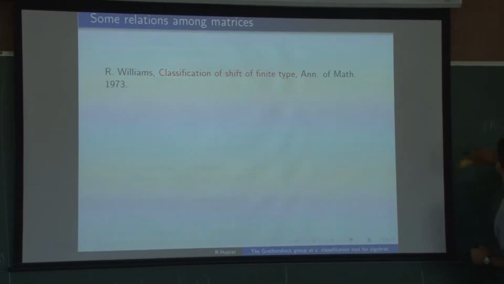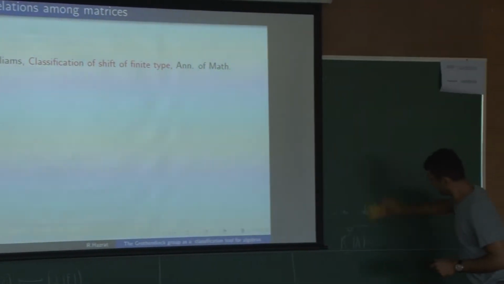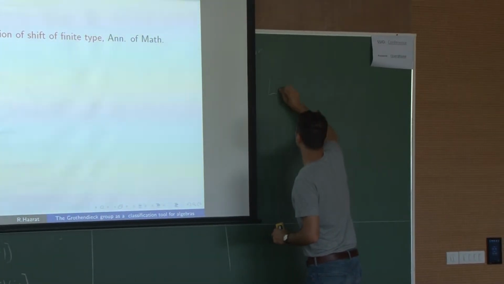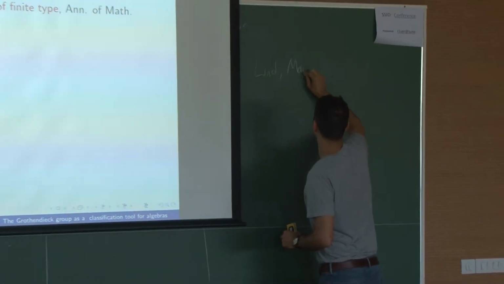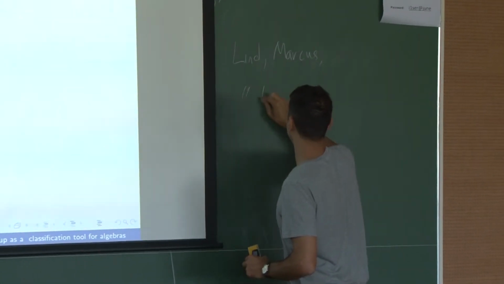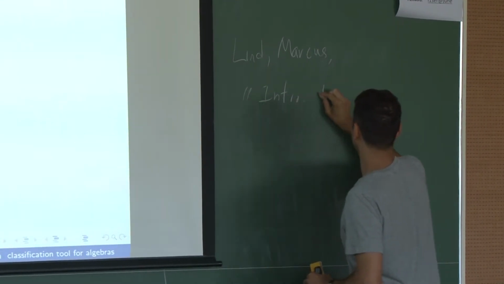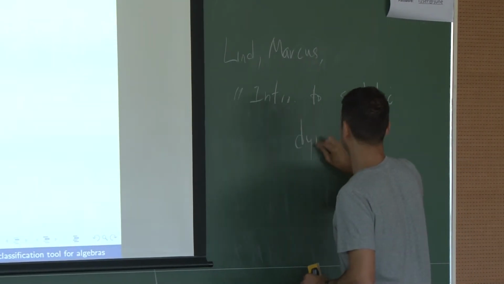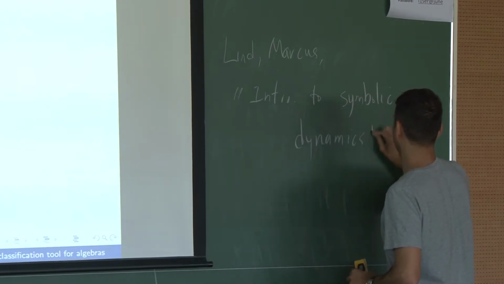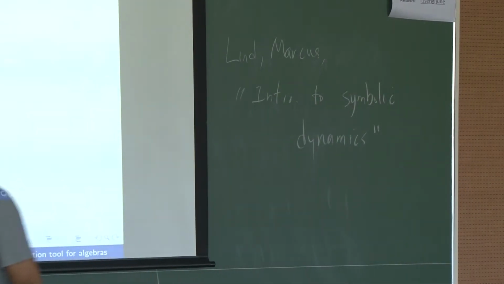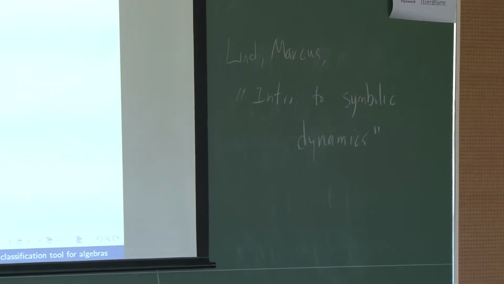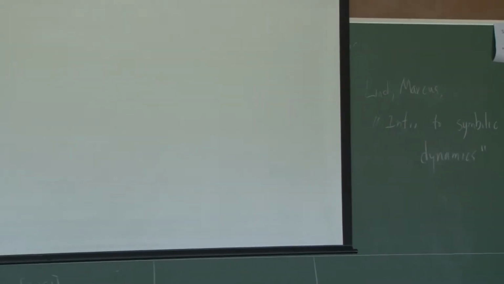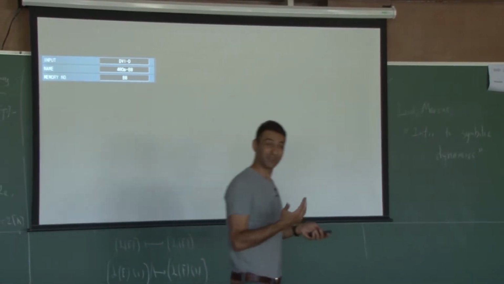It's a fantastic book by Lind and Marcus, called Introduction to Symbolic Dynamics. David Pask, in one of his talks, said that this is such a nice book, I've lost 3 copies of it already. So he always carries the book with him.